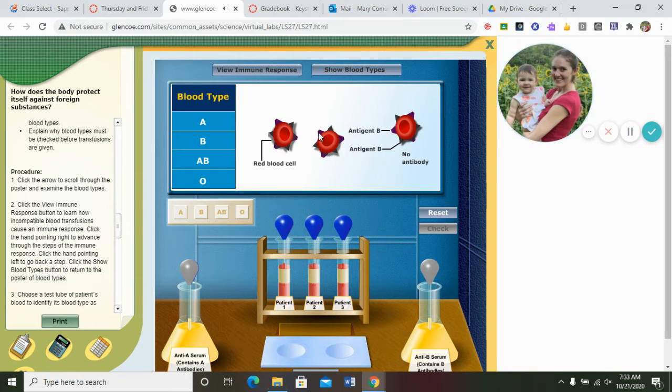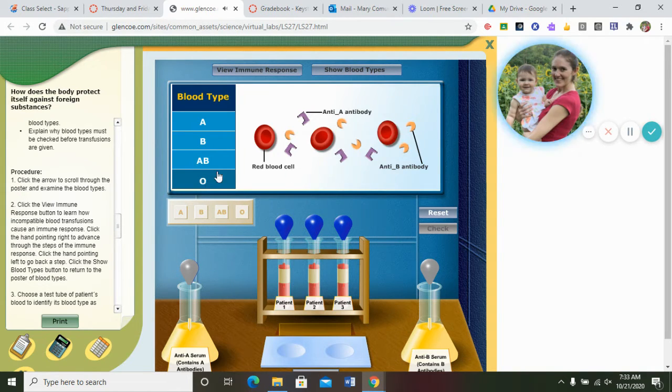AB, it has both the points and the flat edges from the A and the B. It doesn't have any antibodies, so he can accept everyone. And if we go to O, he doesn't have anything on the outside of his red blood cell, and he has both anti-A and anti-B antibodies.